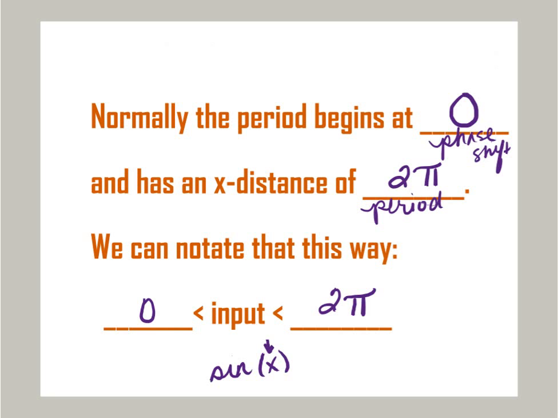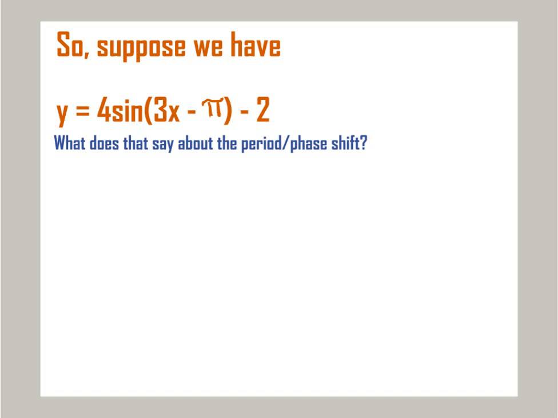So for example, suppose we have y equals 4 times the sine of 3x minus pi, minus 2. What does that say about the period and the phase shift? Well, if we know that the input normally lies between 0 and 2 pi, what we need to ask ourselves is, what is the input? The input in this particular case is 3x minus pi. That is what we are putting into the sine function to find a value.